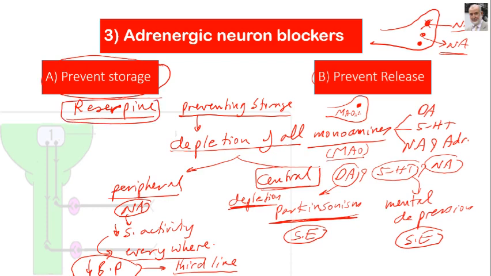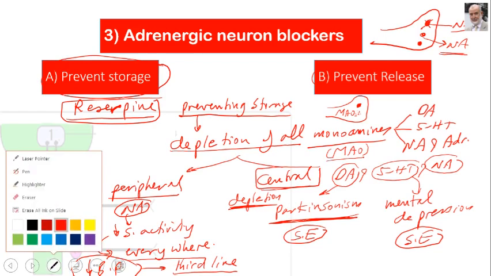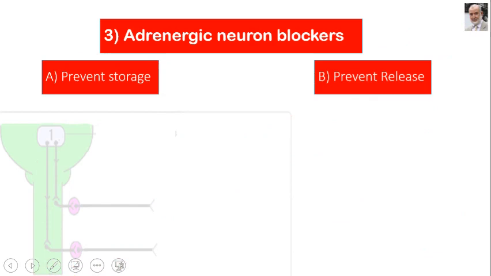A second group are drugs which prevent the release of noradrenaline. The second group we are going to talk about are drugs which prevent the release of noradrenaline. This includes very famous examples. The most prototype is guanethidine. This is the prototype of the group.